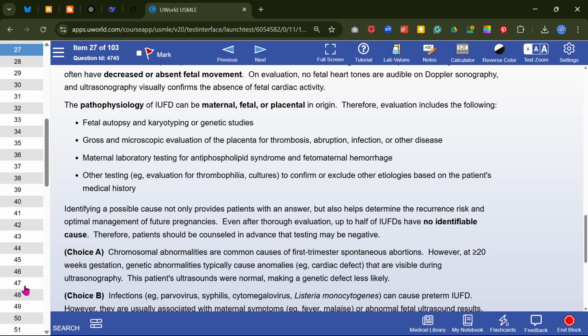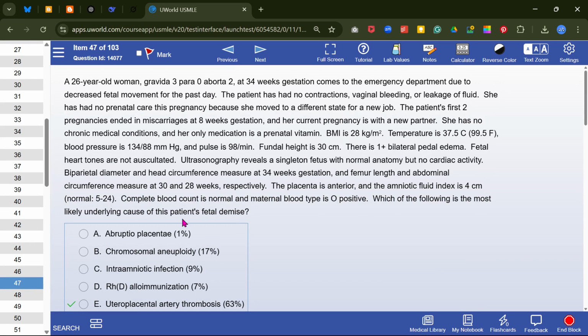Okay, if we look at this stem, this patient is at 34 weeks of gestation and had a miscarriage at 8 weeks of gestation. Ultrasound shows a singleton fetus with normal anatomy and no fetal cardiac activity. At 34 weeks, no fetal cardiac activity looks like intrauterine fetal demise. And she has a history of miscarriages; the first two pregnancies ended in miscarriages.